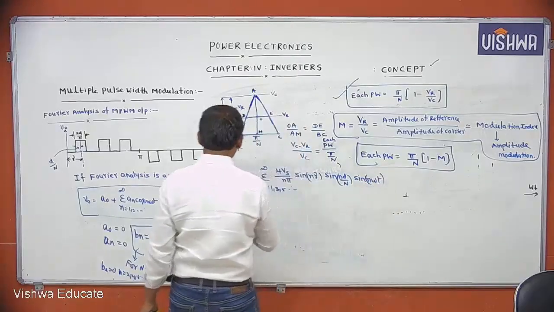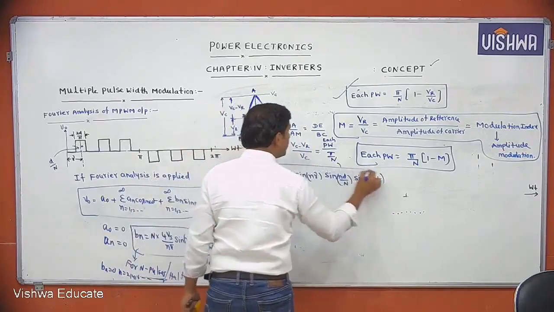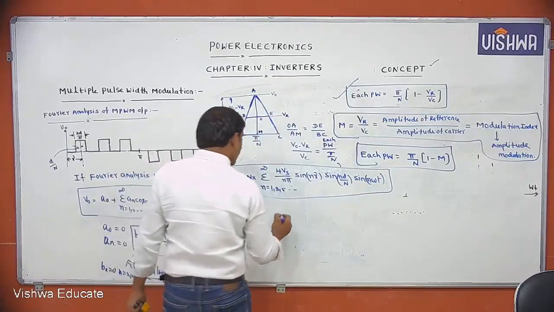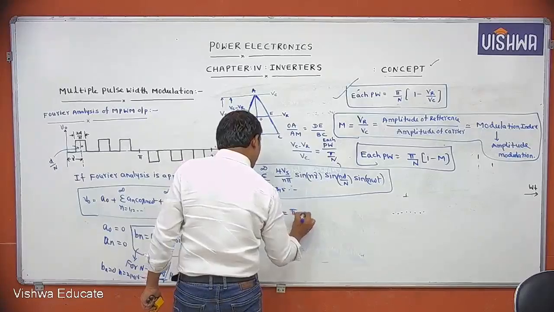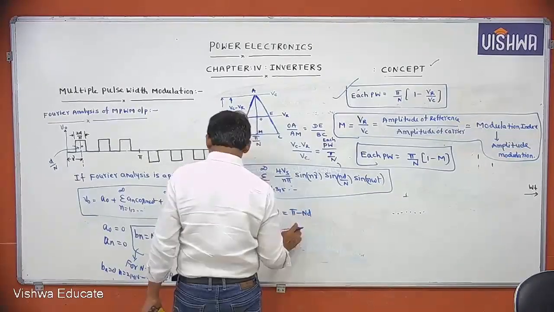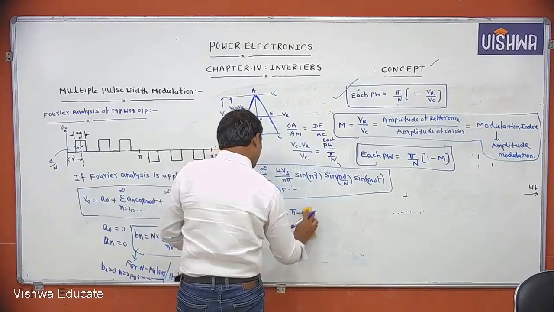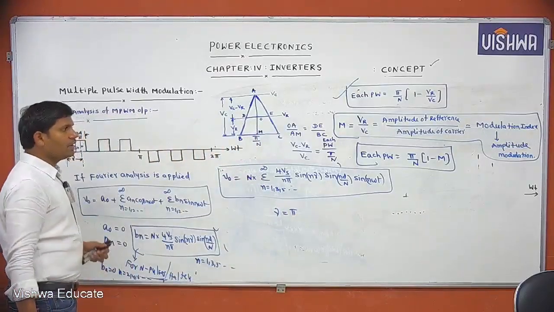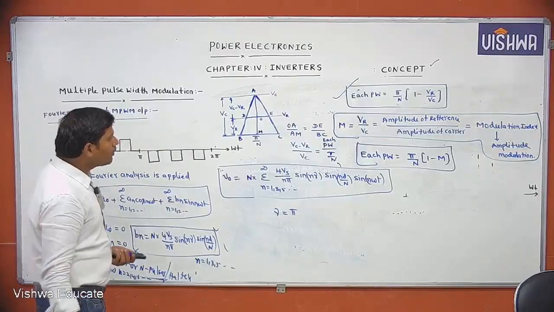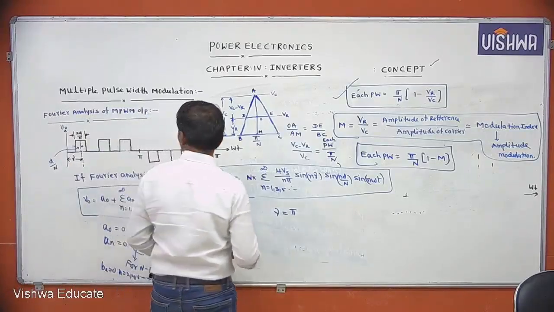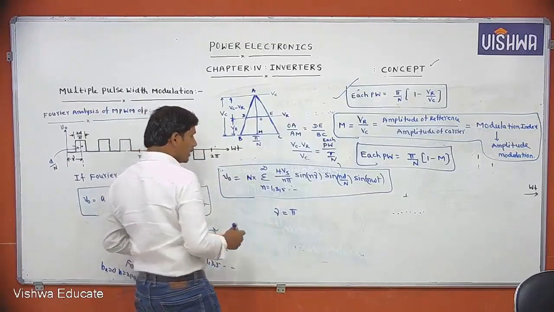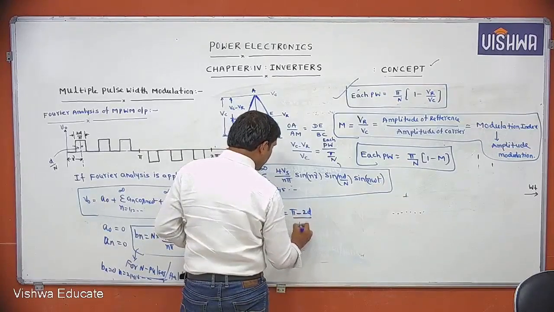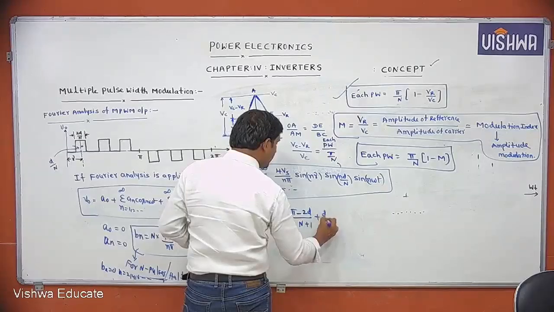This is the formula for instantaneous output voltage for multiple pulse width modulation, where gamma equals pi minus nd by 2, that is pi minus 2d by... What is the value of gamma? Gamma equals pi minus 2d by n plus 1 plus d by n.